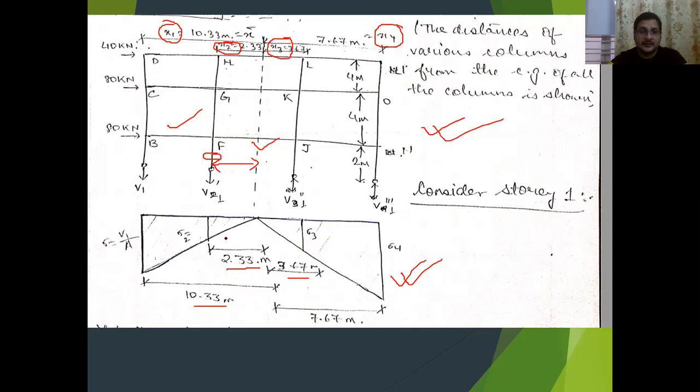And finally, the last one, which is 7.67 meter, is nothing but 8 plus 6 plus 4 meter minus 10.33. Progressively add the bay lengths, 8 plus 6 plus 4, minus 10.33. This is how we get all the distances.